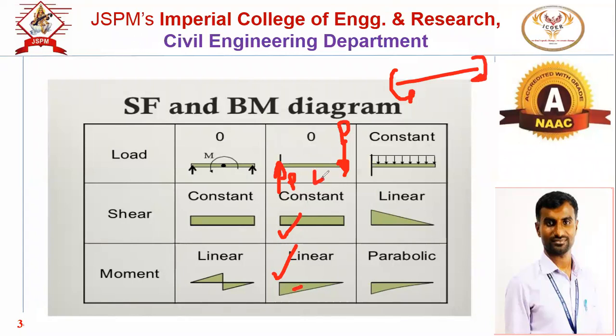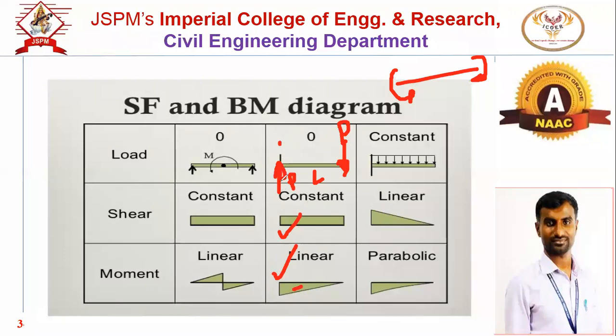Suppose this is L. So here, suppose the span is L and the load is P. Now tell me what is the bending moment at the fixed end. This is the fixed end.